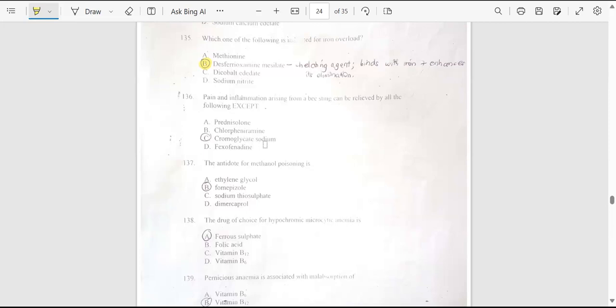I think cromoglycate, because it's used for prevention, it prevents histamine from being released, so in this case it won't have any effect.